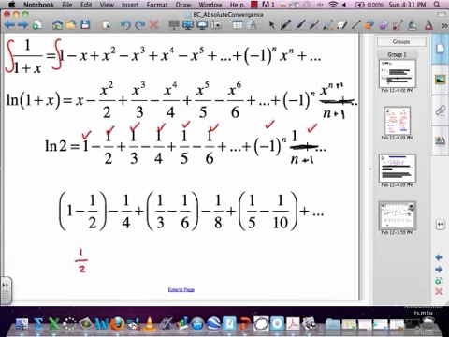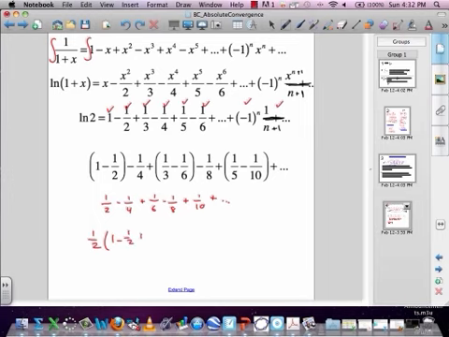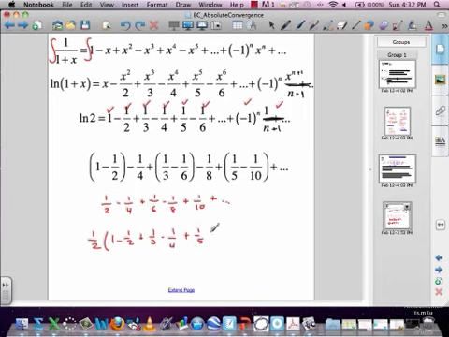If I factor out a 1/2, look what you get: 1 minus 1/2 plus 1/3 minus 1/4 plus 1/5, etc. The sum inside the parentheses is the same as the sum you started with, the natural log of 2. So now you have 1/2 the natural log of 2.